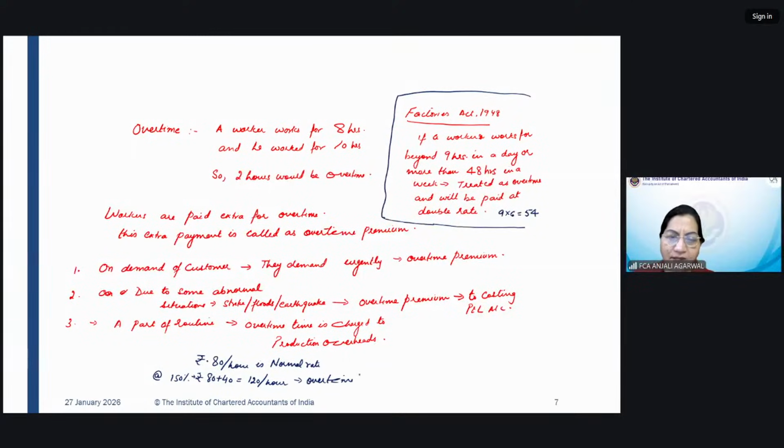Now out of this 120, 80 will still go as direct wages and 40 will go as overtime premium.